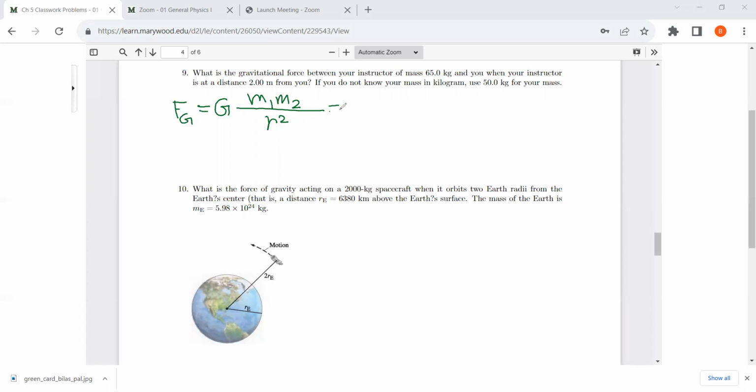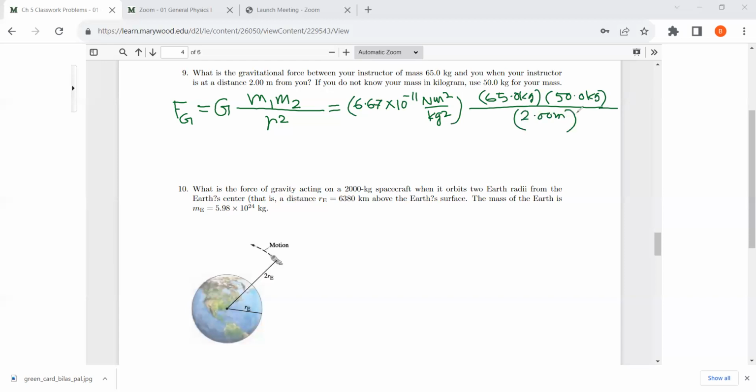So let's plug in the values. All the values are given, so let's plug them in and determine the gravitational force. The value of the universal gravitational constant is this, Newton meter square over kilogram square. 65 kilogram is one person's mass and another person's mass is 50 kilogram, and the distance between these two persons is 2 meters.